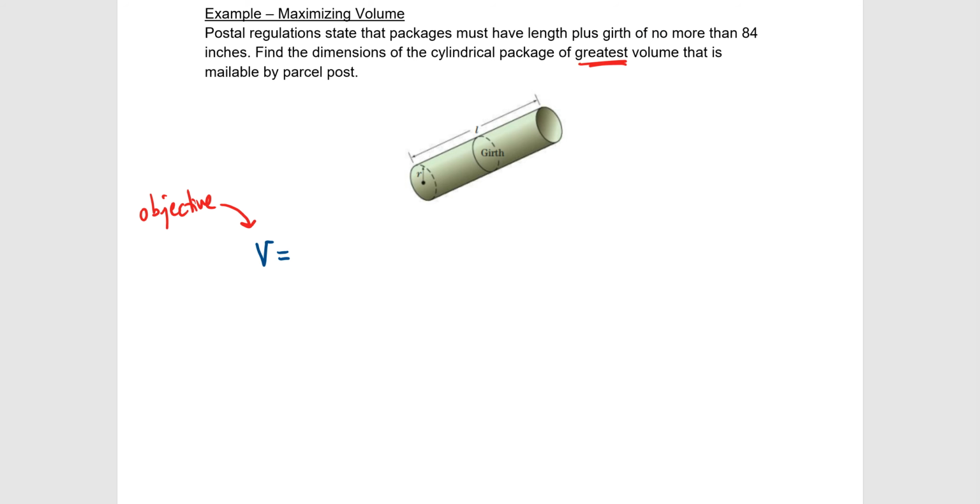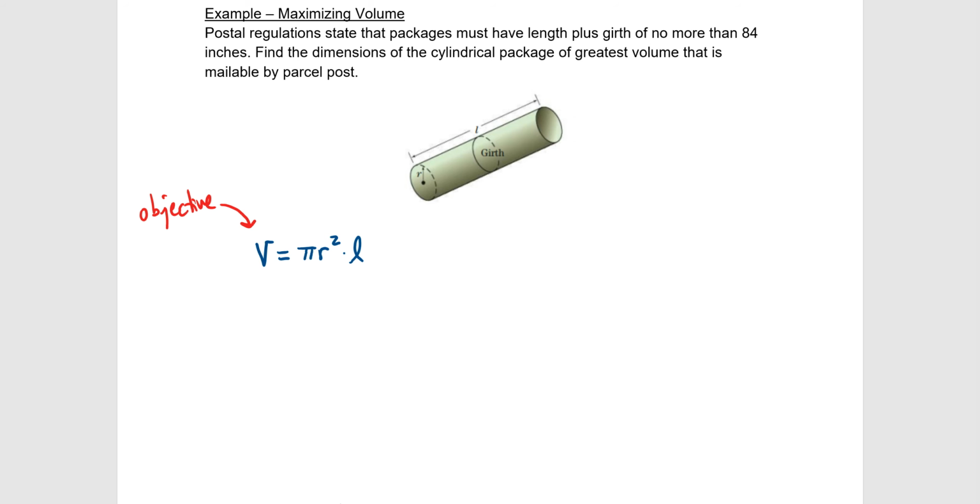So greatest, we know that we're trying to maximize volume. And let's go ahead and write down the volume formula for a cylinder. So the volume of a cylinder is pi r squared times the length. So pi r squared is essentially just the area of the base. It's the area of the circular base.